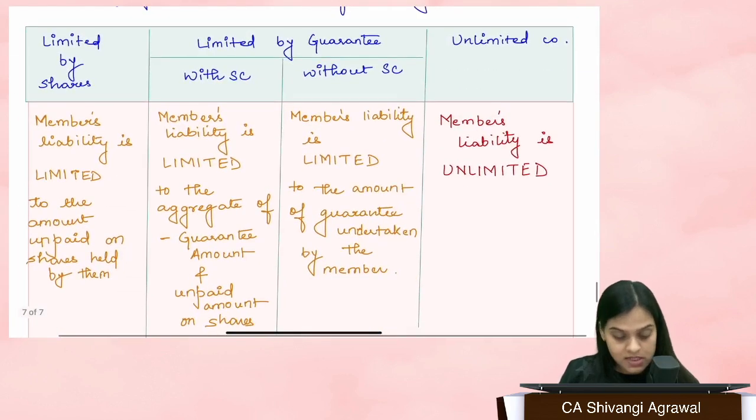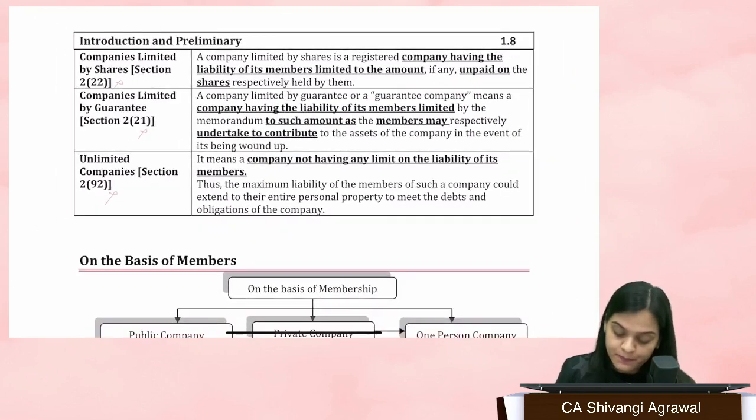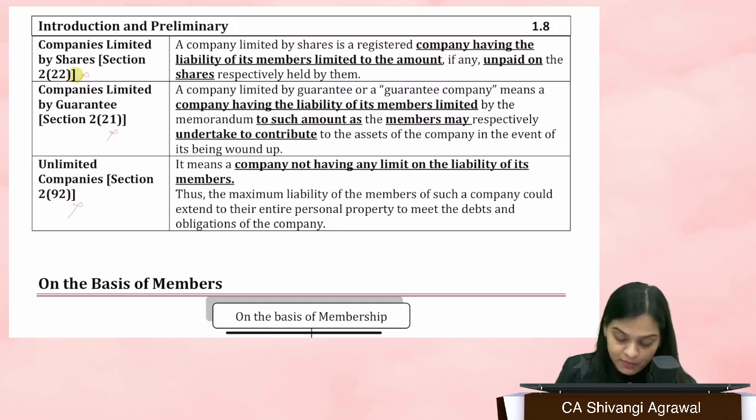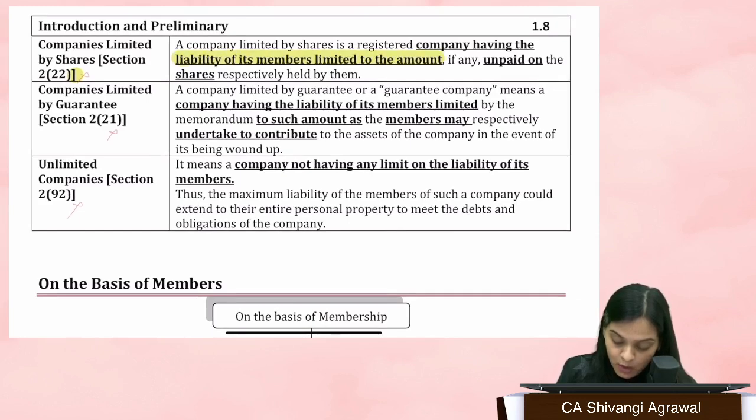Fine. So I hope this is clear. See, the keywords have been highlighted over here. You don't need to learn these clause numbers. Not really needed. Fine. Company limited by shares: a registered company having the liability of its members limited to the amount unpaid on shares held by them.